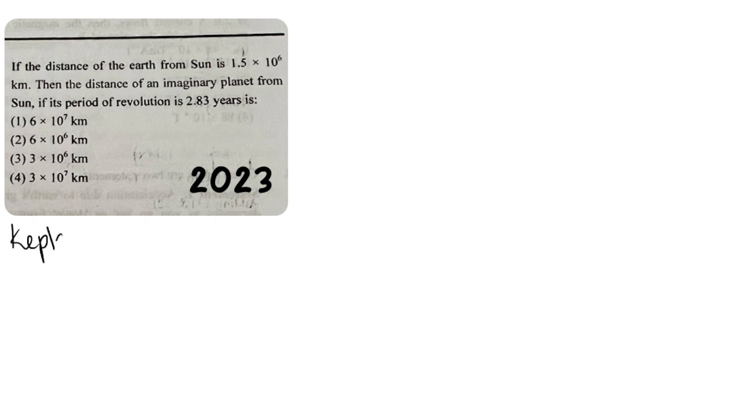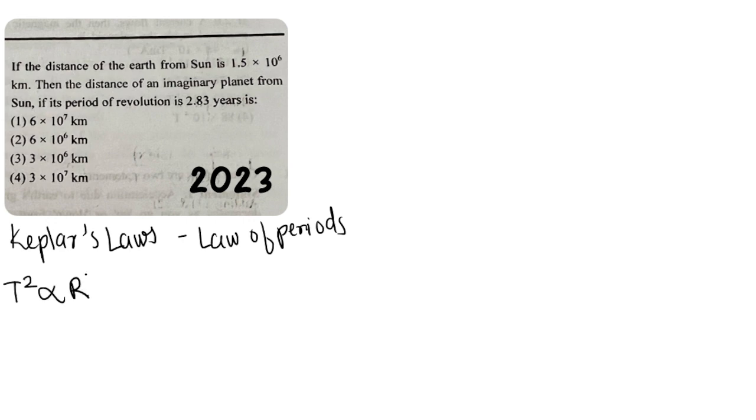Kepler's laws. There are three laws of Kepler, and in this question they've used the law of periods. So the law is mainly about T square proportional to r raised to 3, which implies T1 by T2 whole square equals r1 by r2 whole cube.